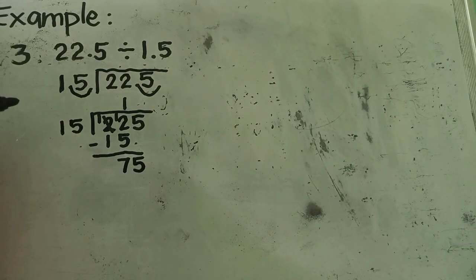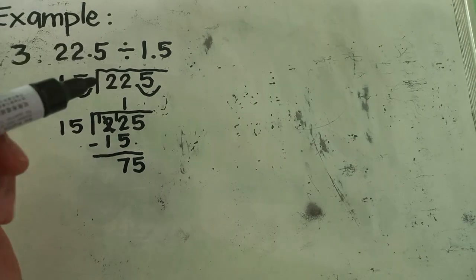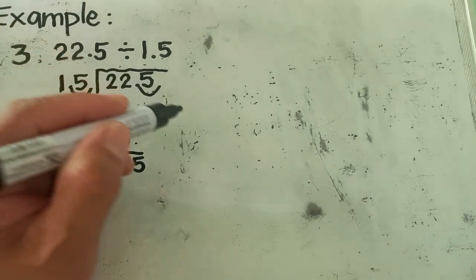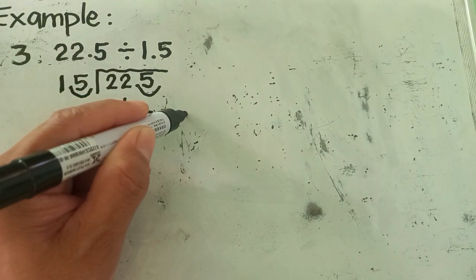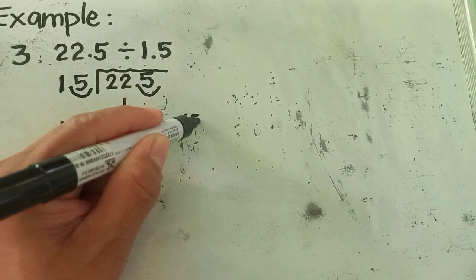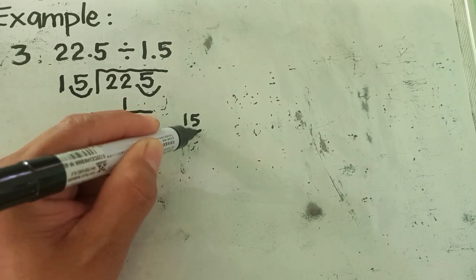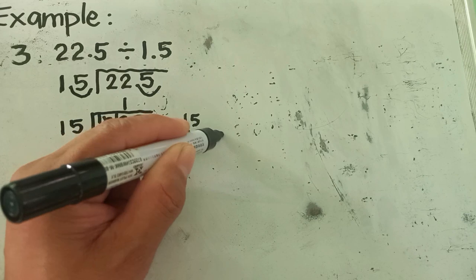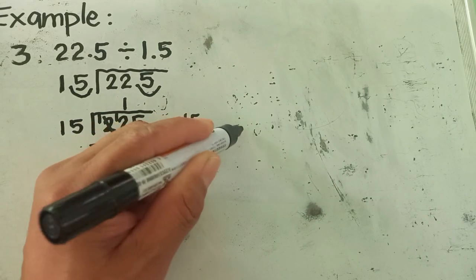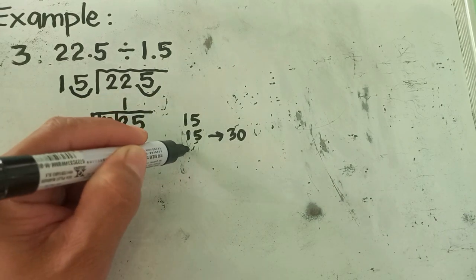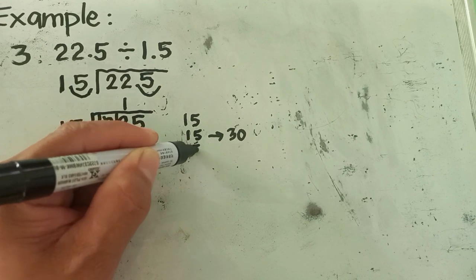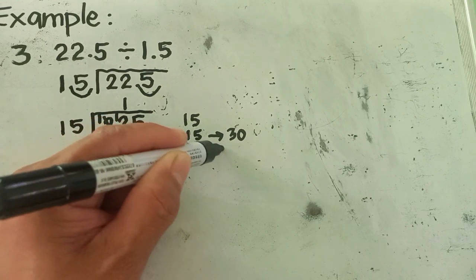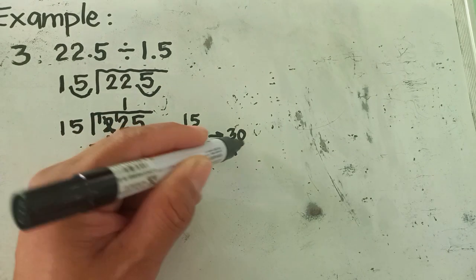So, 75 divided by 15. How many groups of 15 are there in 75? So, ganito ang gawin natin. 15 added to 15 is equal to 30. Then 30 added to 15 is equal to 45.